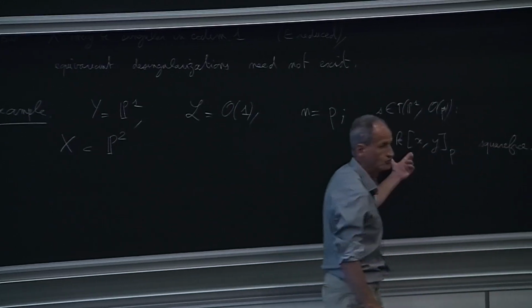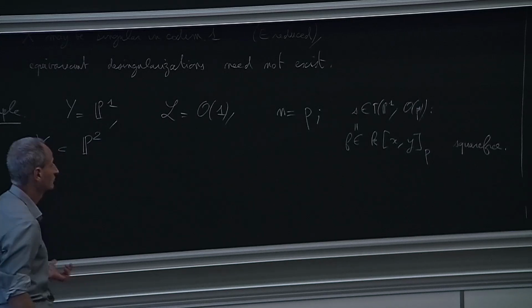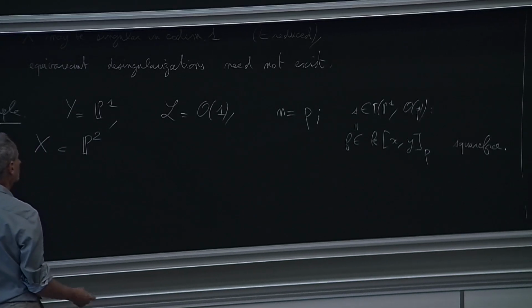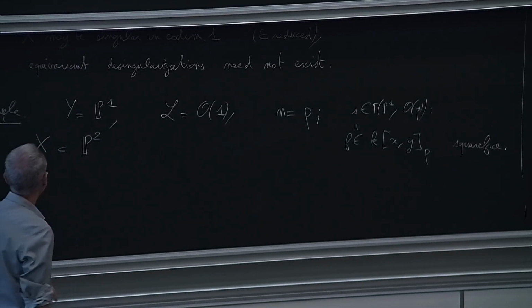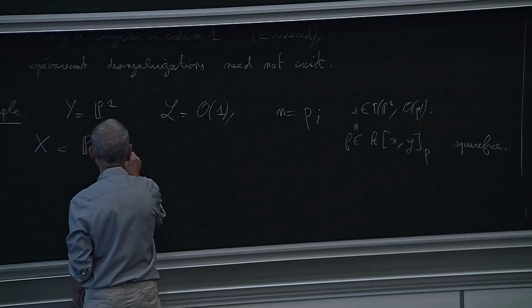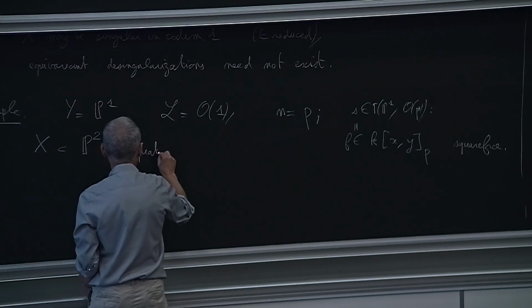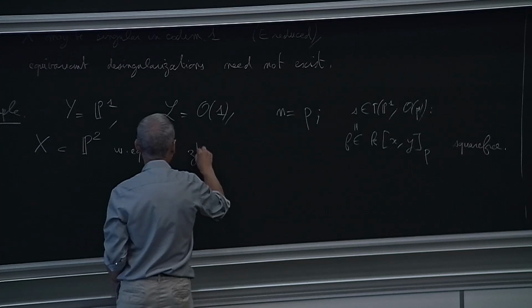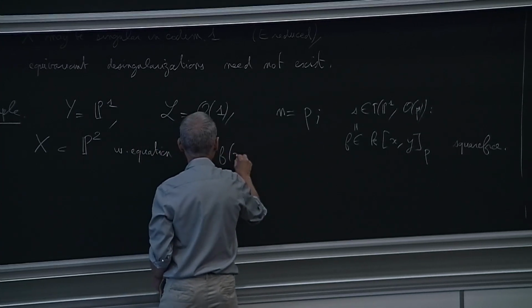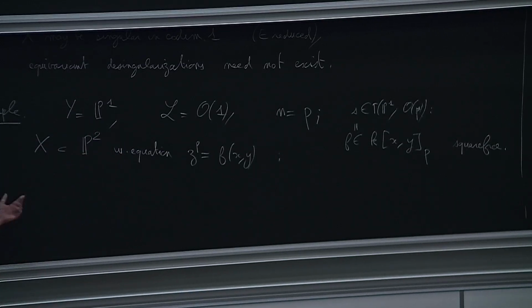And this polynomial is a product of p linear factors. I assume they are pairwise distinct. So now you can describe this X, the projective curve, by this equation. Okay, that's how it is.